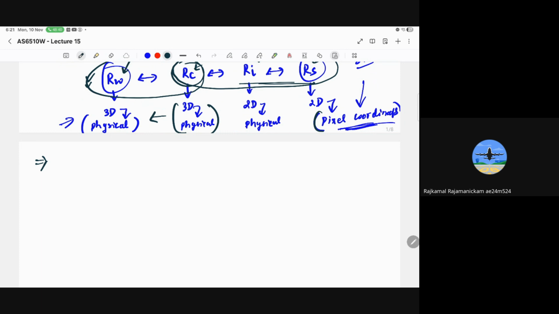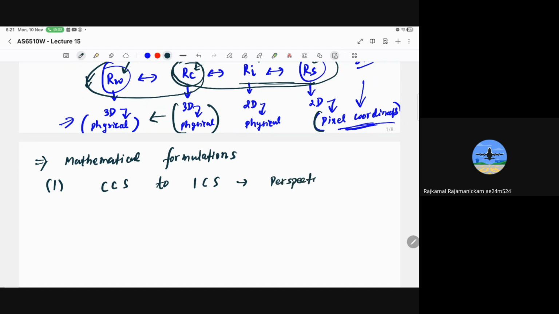So first, the mathematical formulation. Let me write this mathematical formulation. First is from camera coordinate system CCS to image coordinate system ICS. Like I mentioned before, this is based on perspective projection.